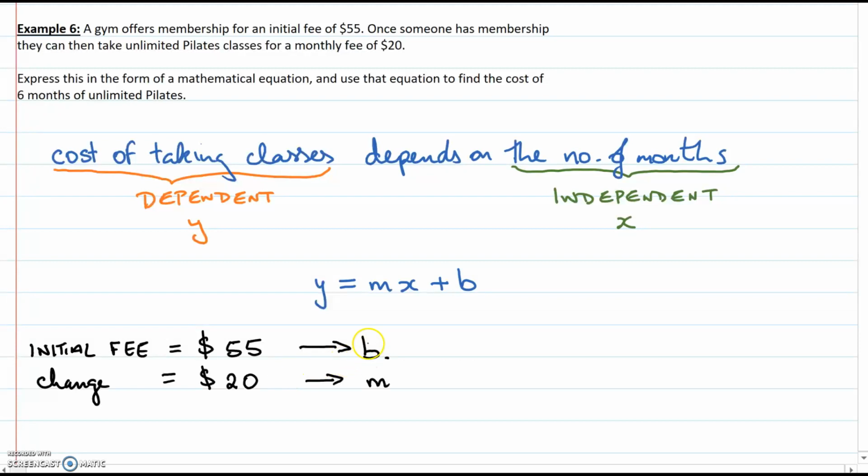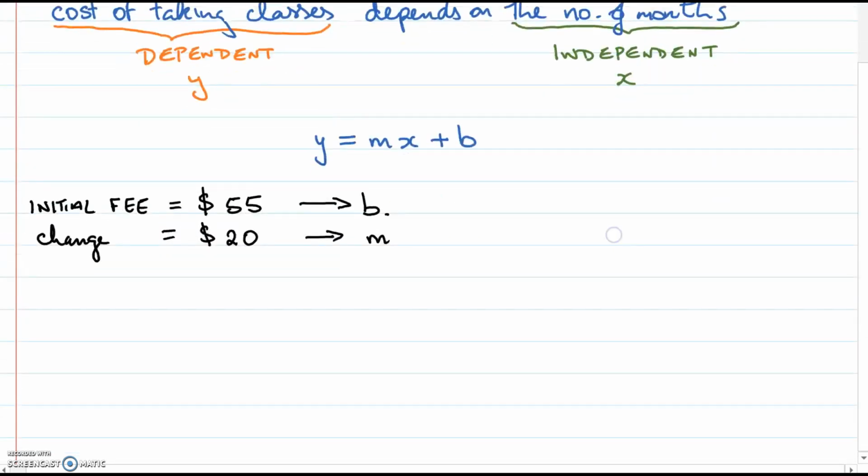So once we know what y and x represent, and once we have the initial fee, b, and the monthly fee, m, we just slip those into the equation, and we end up with y is equal to m is 20x plus b is 55. Okay, so y is equal to 20x plus 55.